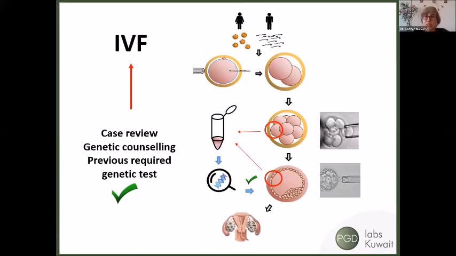Sometimes it's very important, because I face it every day, to share the information with other family members, because if you are a carrier of a genetic disease, your siblings have a 50% chance also of being affected. So it's very important that you tell them, please go and test, because if not, we are spreading the disease.